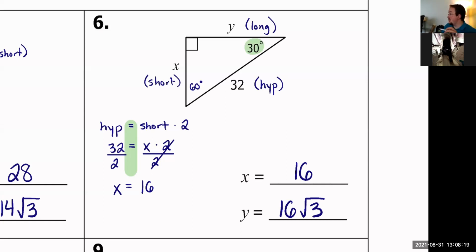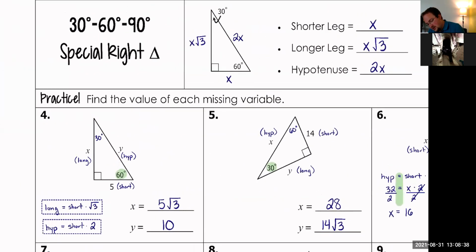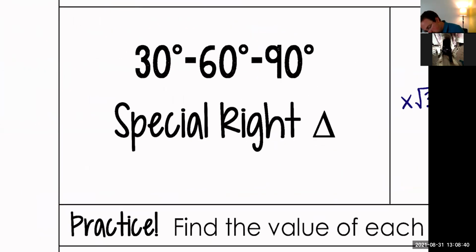If you don't know the short leg, find it first. That's for the 30, 60, 90. The 45, 45, that one's not too bad because if you know one leg, you know both legs. But for the 30, 60, 90, I'll squeeze it over here.